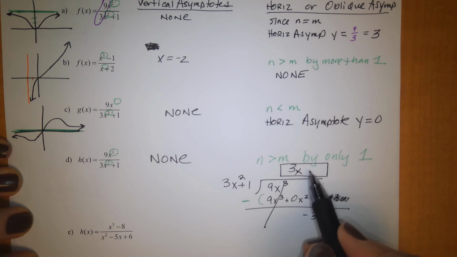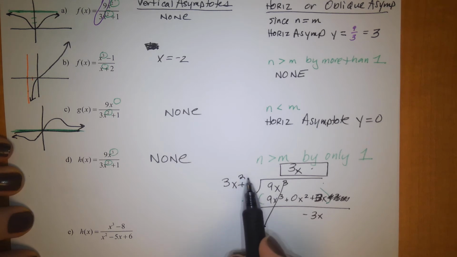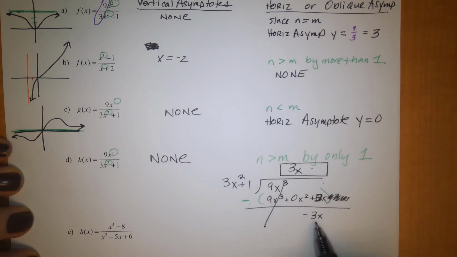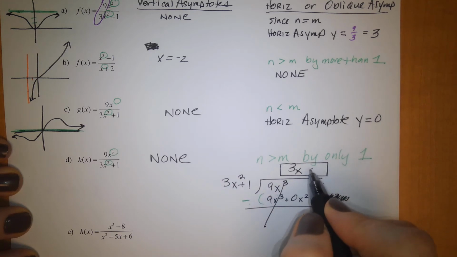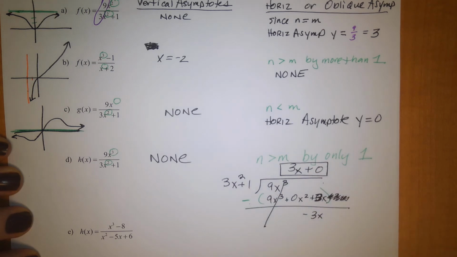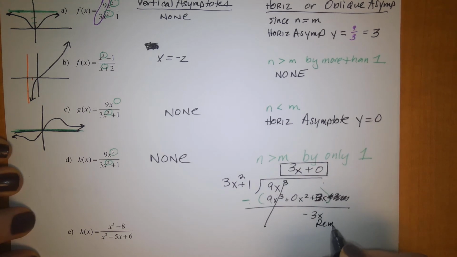So the next term up here is going to be what times 3x squared will bring me to 3x. Well, since this is smaller than the divisor, there is no second term. We simply just say 0. I really don't care about remainders.